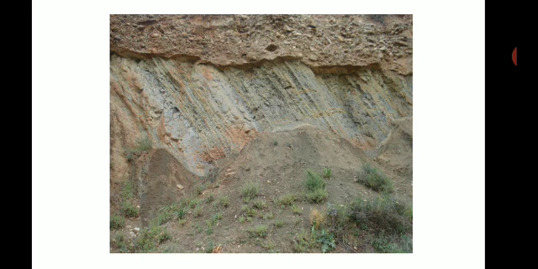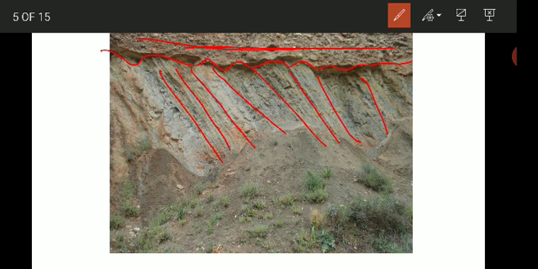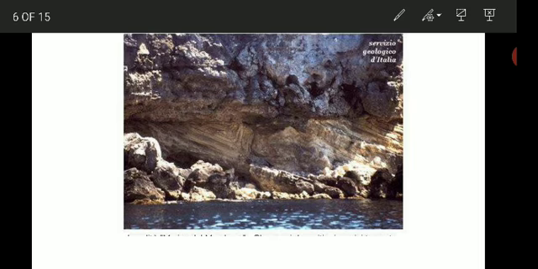So here there is one more field example wherein you can straight away mark the unconformity, that is angular, because the older formations are inclined and the younger are horizontal. So this indicates the angular unconformity. Here is one more image which shows a line of unconformity, and the older rocks are folded, okay, and the younger rocks are horizontal.